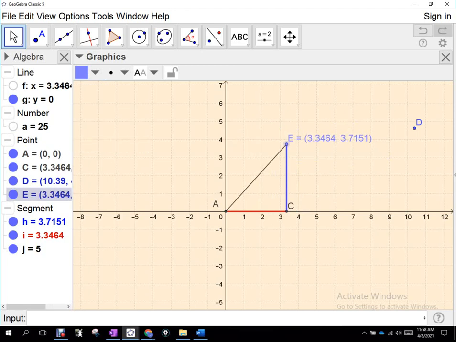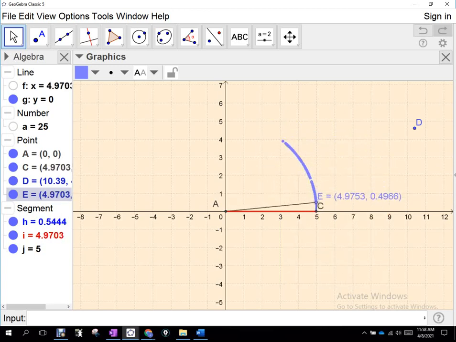So as I'm moving E, what I want to do is record its position of where it was. So I'm going to do this trace technique. And as I move E, all of those points right there are satisfying the Pythagorean theorem. So we all got those right angles.